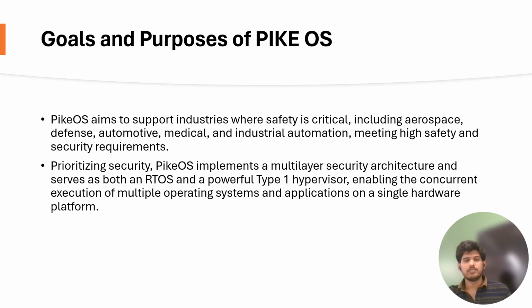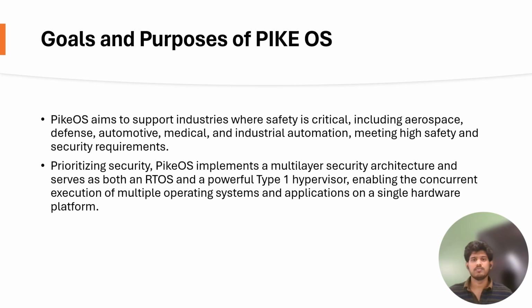Coming to goals and purposes of PikeOS. The aim of PikeOS is to support industries where safety is the key component. Industries like aerospace, defense, automotive, railways, and industrial automation. So security is the key for PikeOS development.